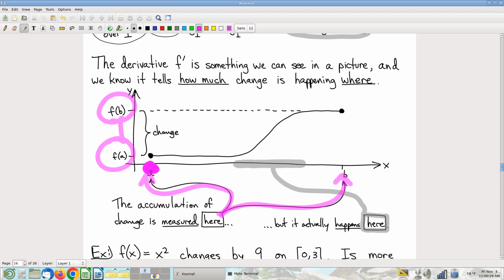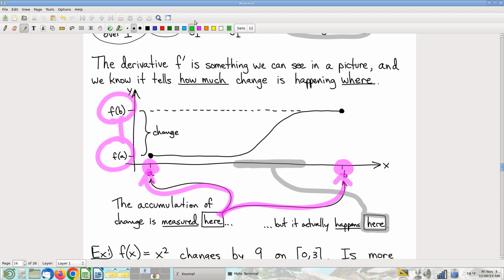You look at these points a and b and compute f of b minus f of a. This is where you compute change. Now, I have a silly question. Because this is where the change is computed, does that mean that that's where the change happens? No, of course not. Where does the change actually happen?